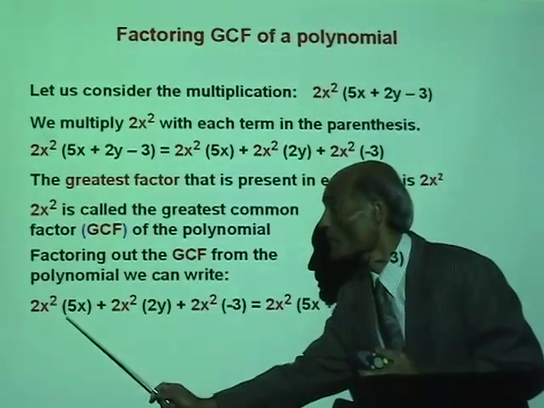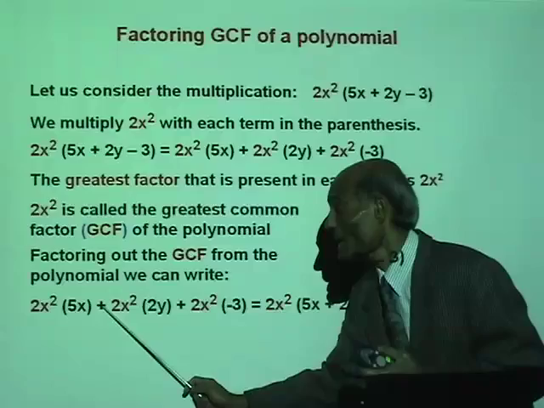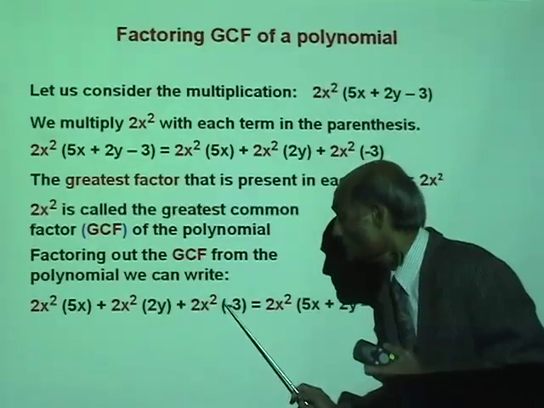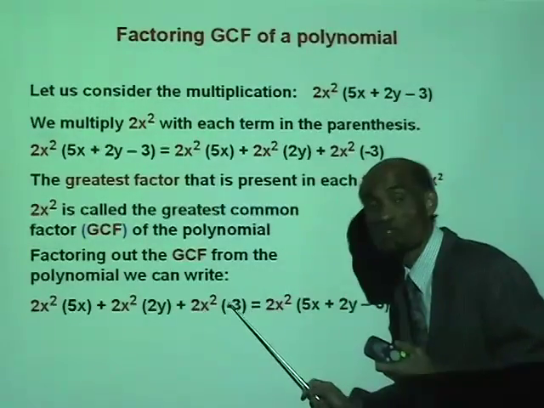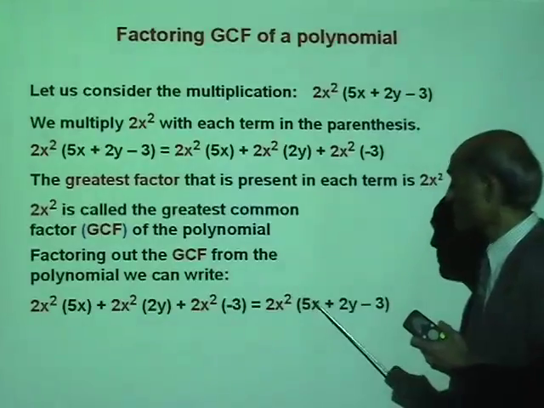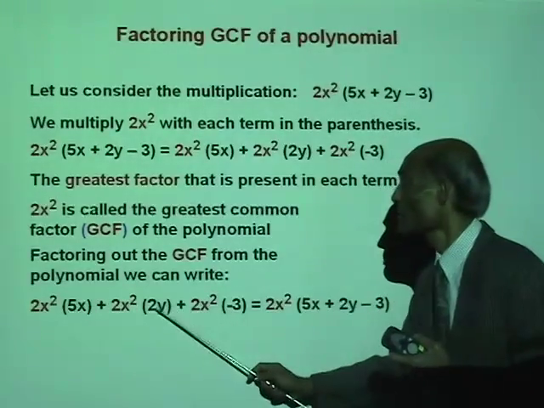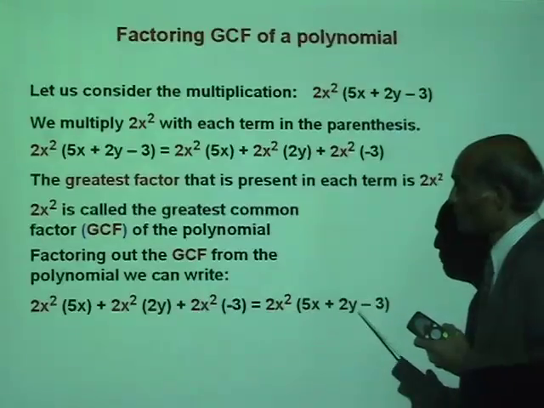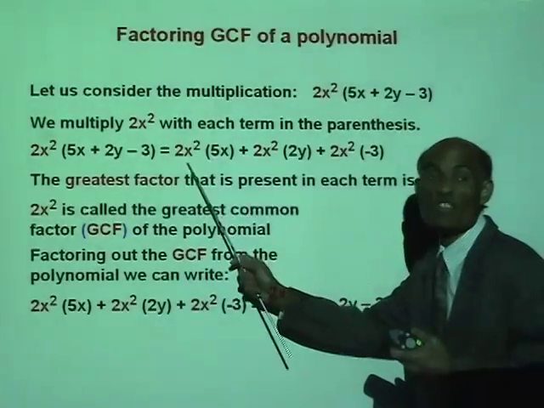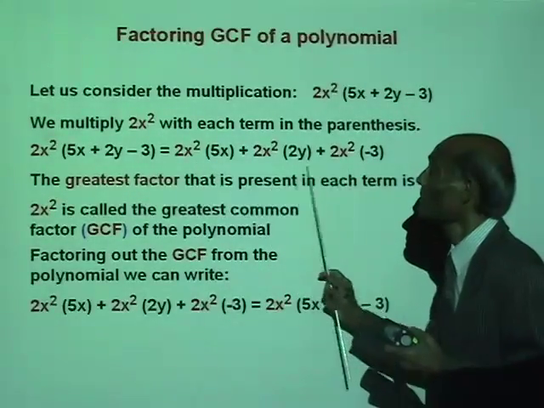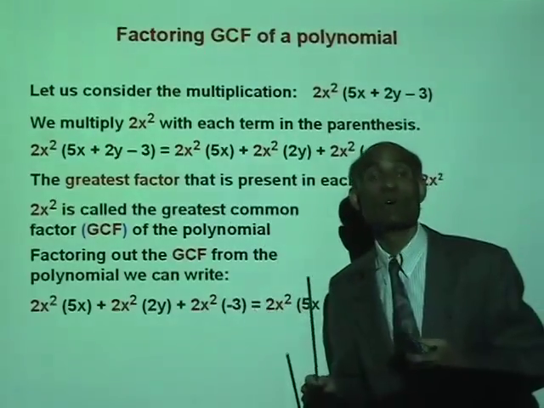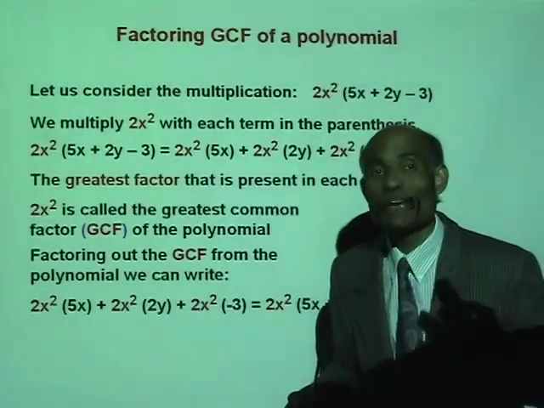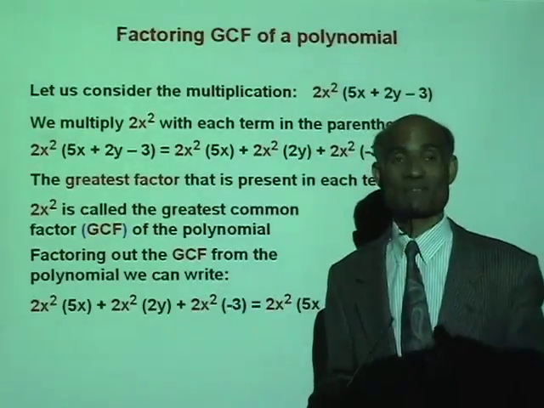What are they? 5x plus 2y minus 3. Look at the sign there. Now, we have now factored this polynomial. This is how we factor out the greatest common factor.